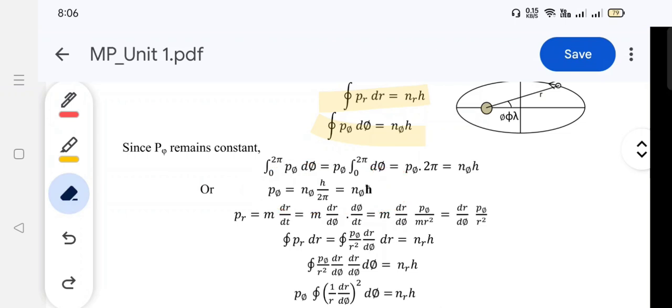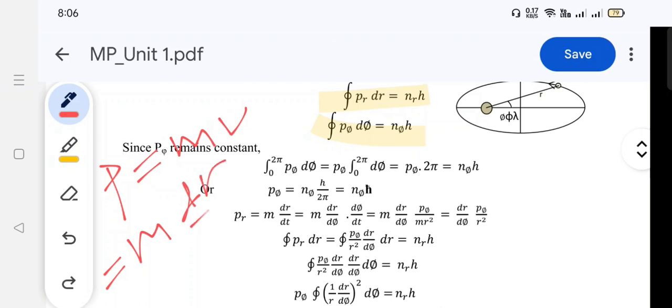Now, in the case of the radial component, we cannot directly integrate it. So we first convert it in terms of azimuthal components. We are very much aware that momentum p is equal to mv, where v can be written as dr by dt. So momentum can be written as m times dr by dt.